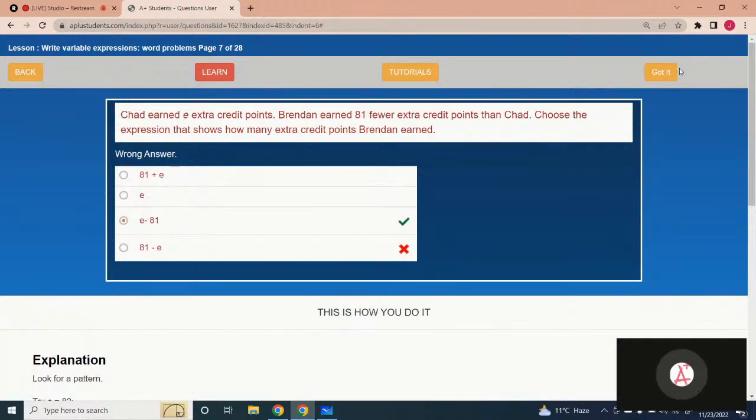So Brendan earned 81 fewer extra. So it would be E minus 81, not 81 minus E.